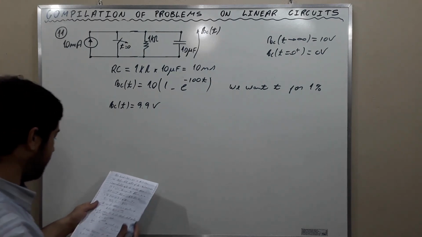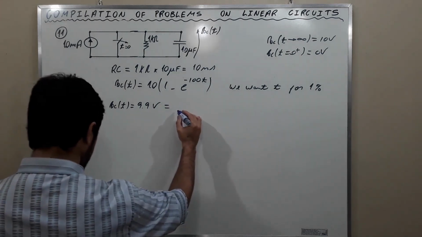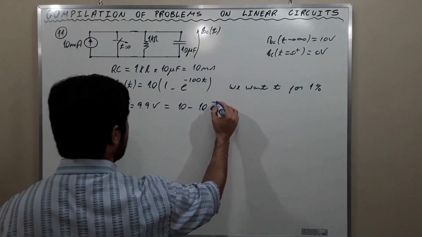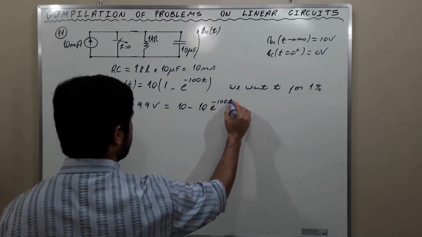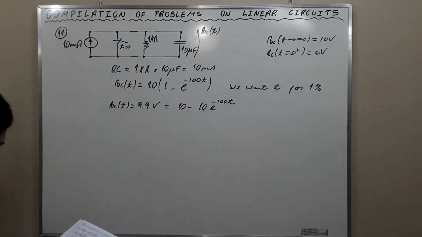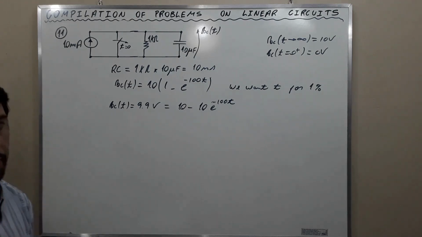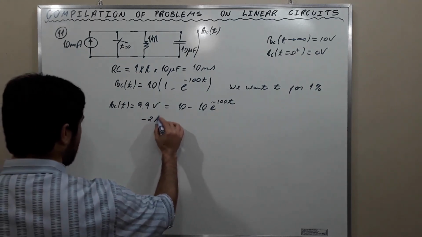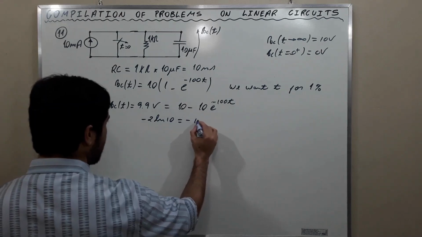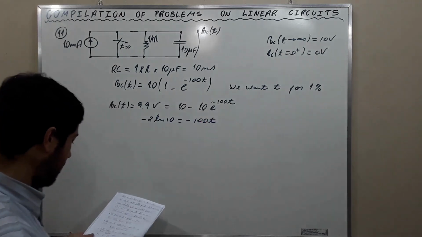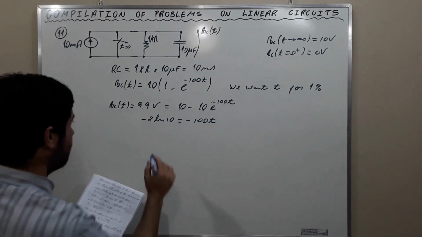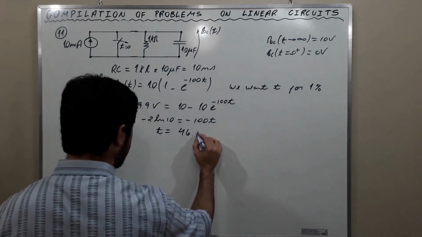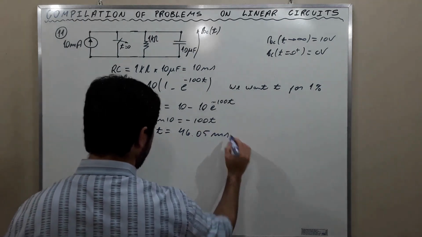So 9.9 volts has to be equal to 10 minus 10e to the negative 100t. And manipulating and applying the logarithm, we find that negative 2 ln 10 is equal to negative 100t. And then we find the value of t, 46.05 milliseconds.